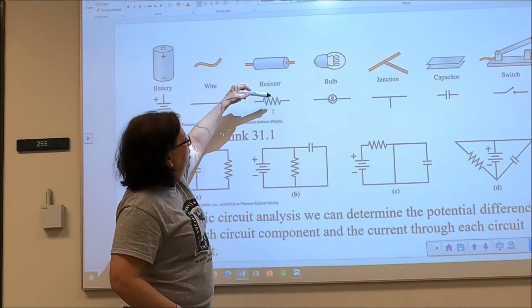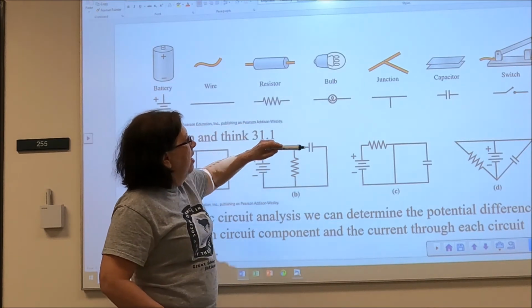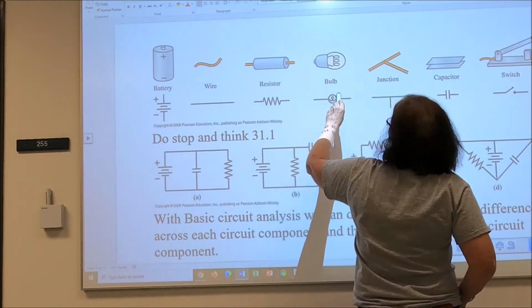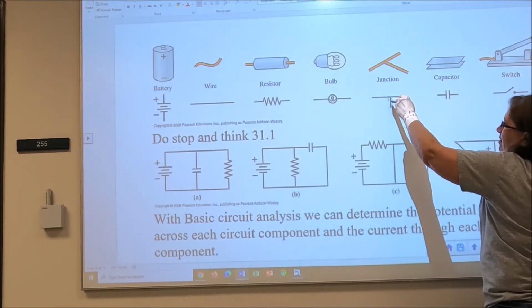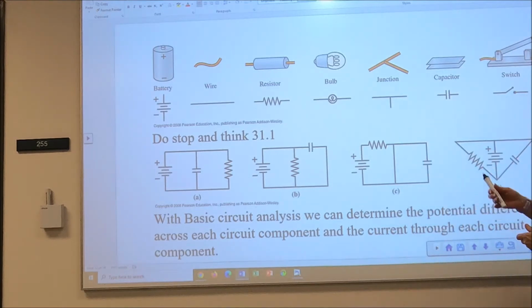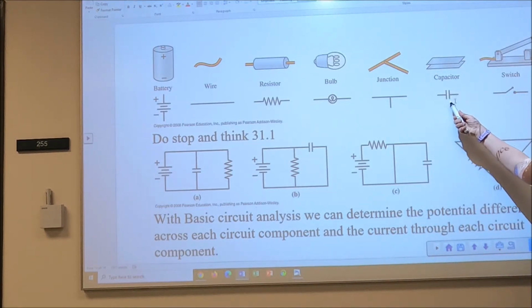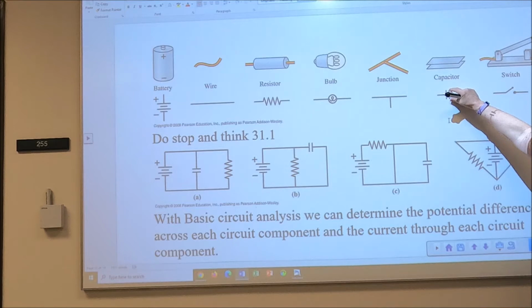A resistor is a jagged line. A light bulb is a circle with a loop in it. A junction is just lines coming together. A capacitor has parallel lines that are equal in length. And a switch, and this would be an open switch. Sometimes you'll see little arrows drawn here to say the switch is closed.